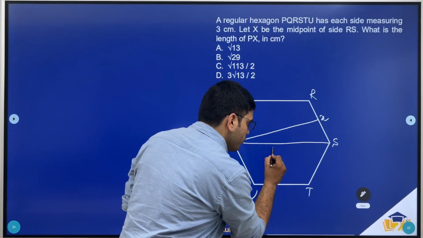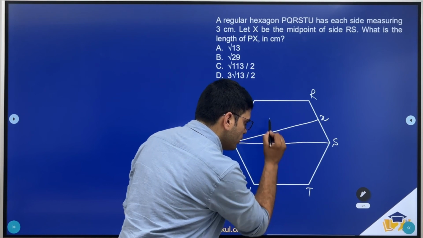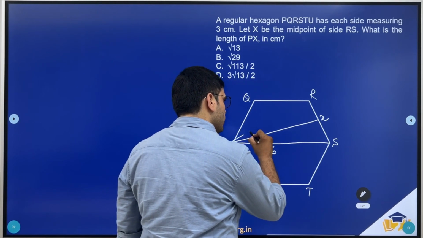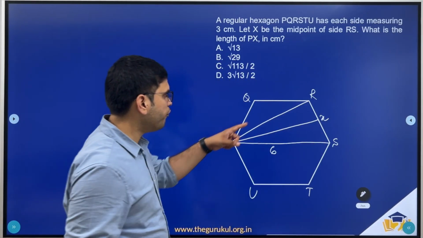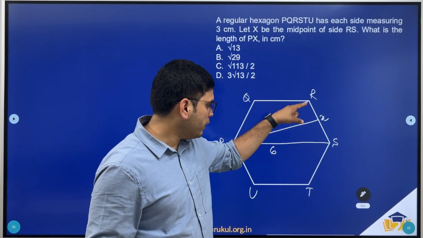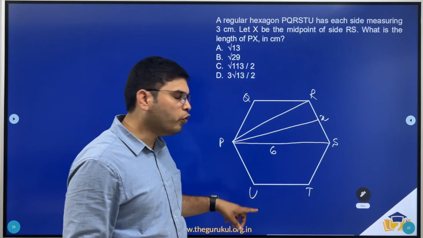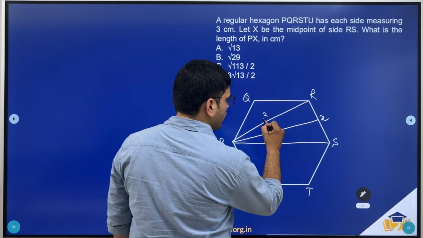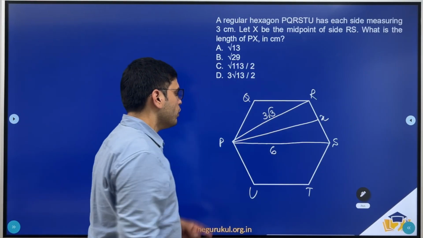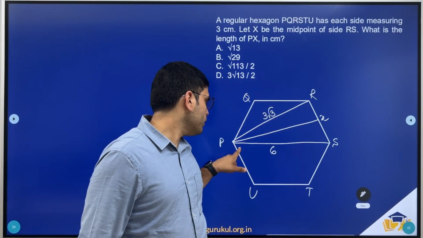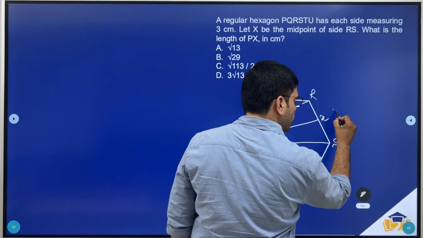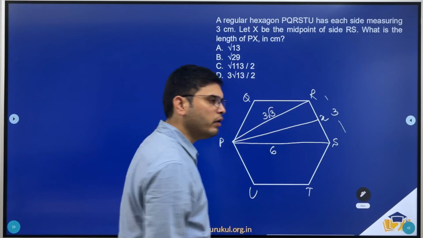So the length of PS will be 2 into 3, 6 units in length. And the other diagonals, the length of PR, QS, RT, QU, they will be root 3 times the side. So PR will be 3 root 3, PS will be 6, and length of RS, which is nothing but the side of that hexagon, is 3.